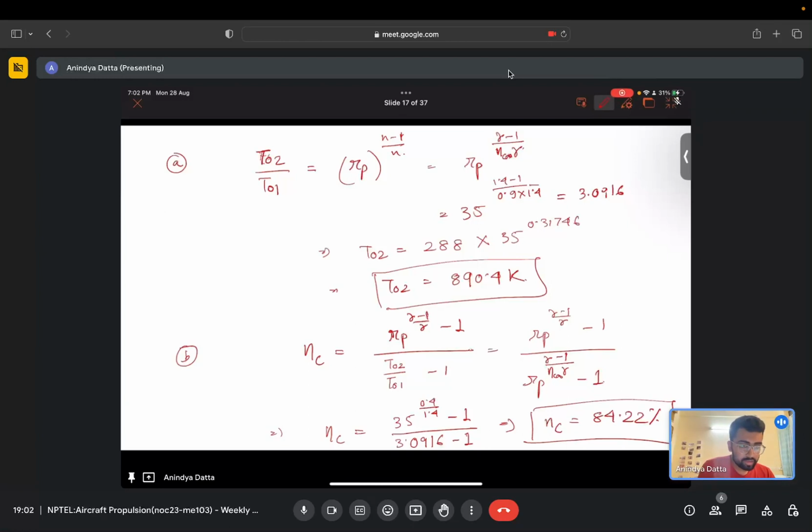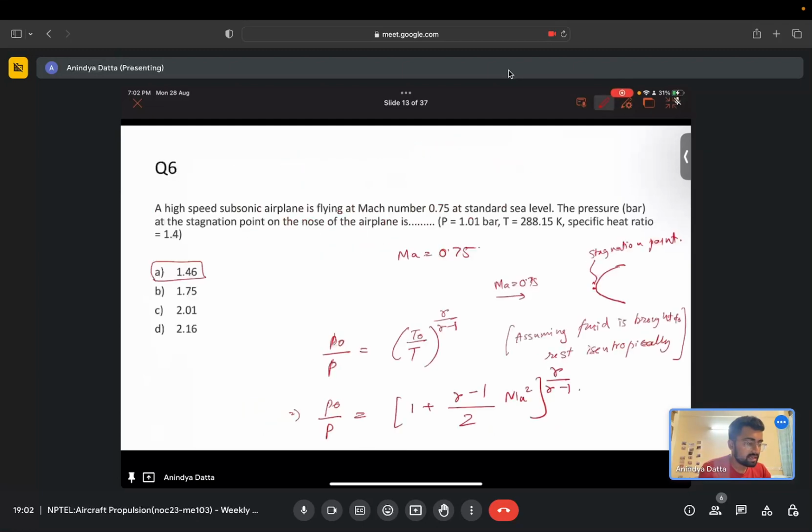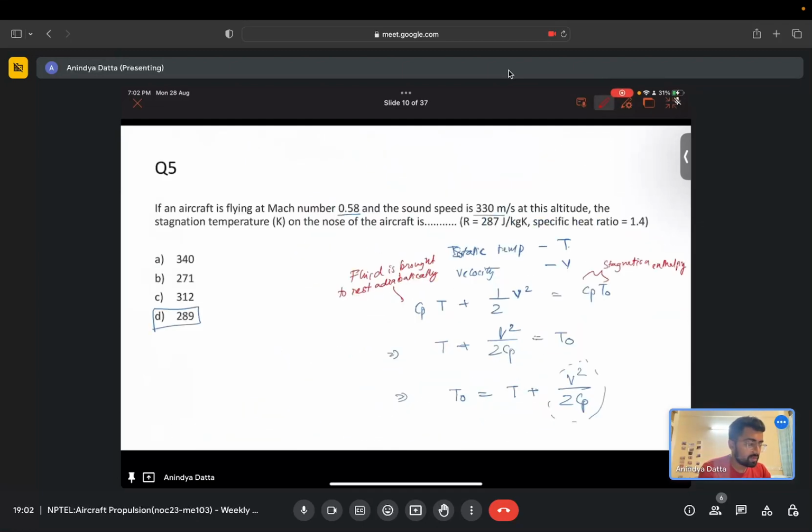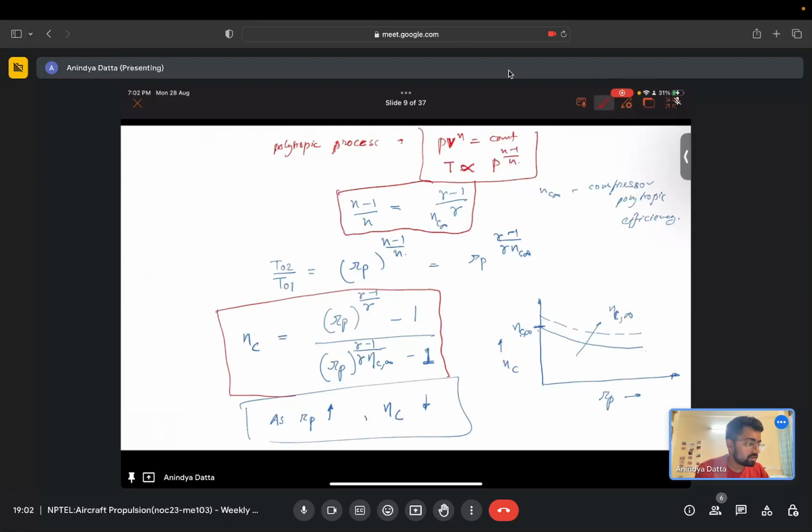Now if you remember what I said while I was explaining this graph, as the pressure ratio increases, the isentropic efficiency drops, right? But when the pressure ratio is very small or close to 1, you will see the value of isentropic efficiency approaches the polytropic efficiency.